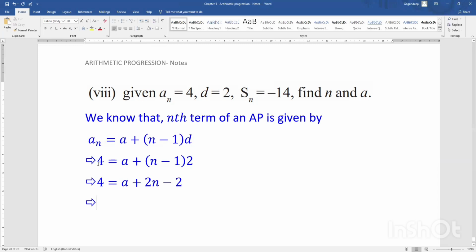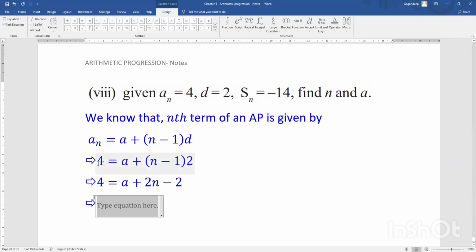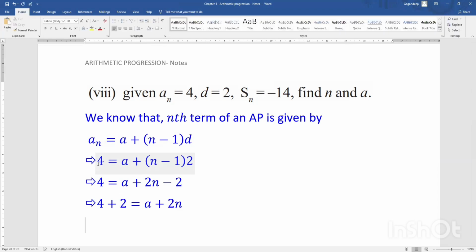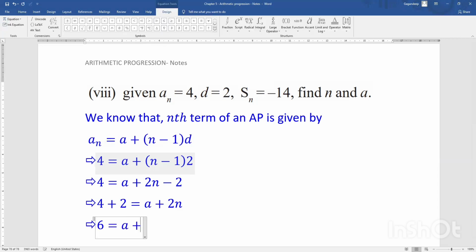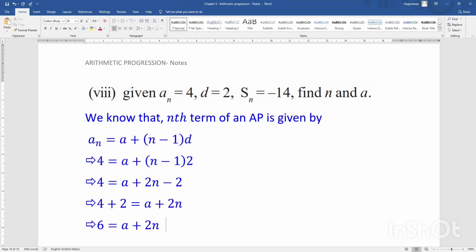You get 4 plus 2 equals a plus 2n. Or this you get as 6 equals a plus 2n. Now I'm going to call this equation 1.